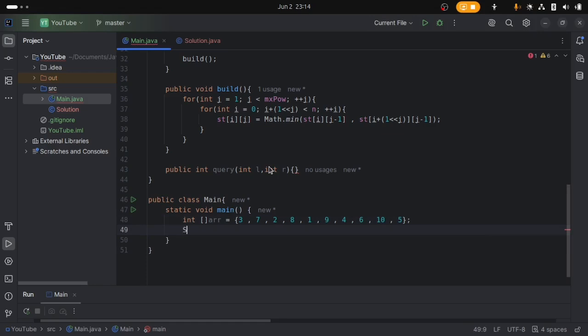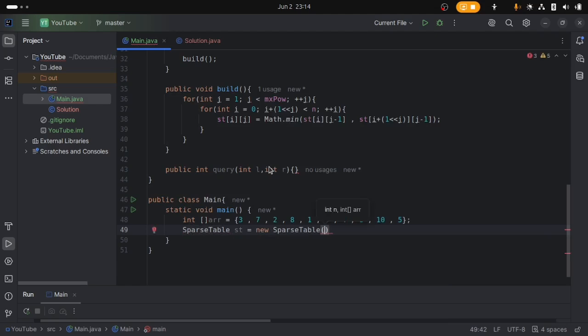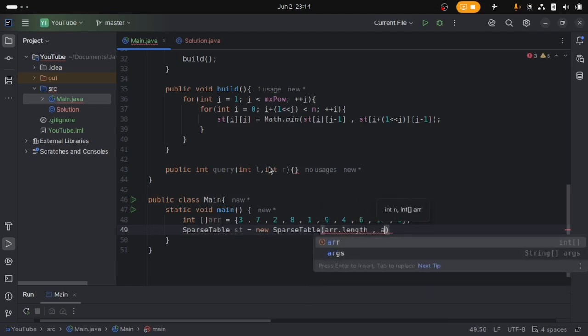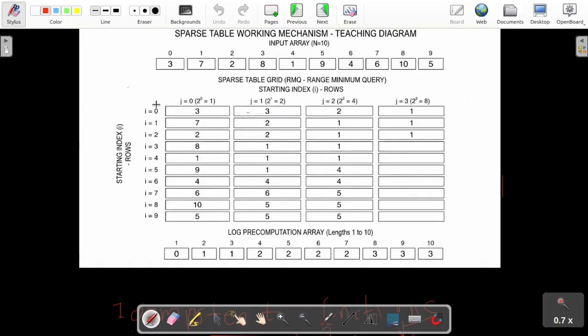Okay, let's create an object of sparse table, SparseTable with arr.length and arr. Now if we build this sparse table, let's check the output.